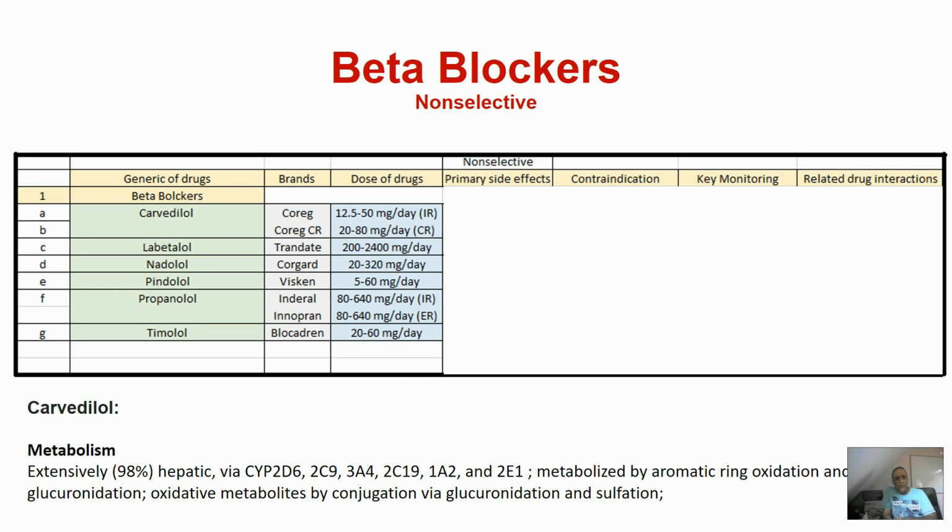And for the metabolism of this drug, extensively 98% of this drug is metabolized in the liver by enzymes CYP2D6, 2C9, 3A4, 2C19, 1A2 and 2E1, through aromatic ring oxidation and glucuronidation, and oxidative metabolism by conjugation via glucuronidation and sulfation.